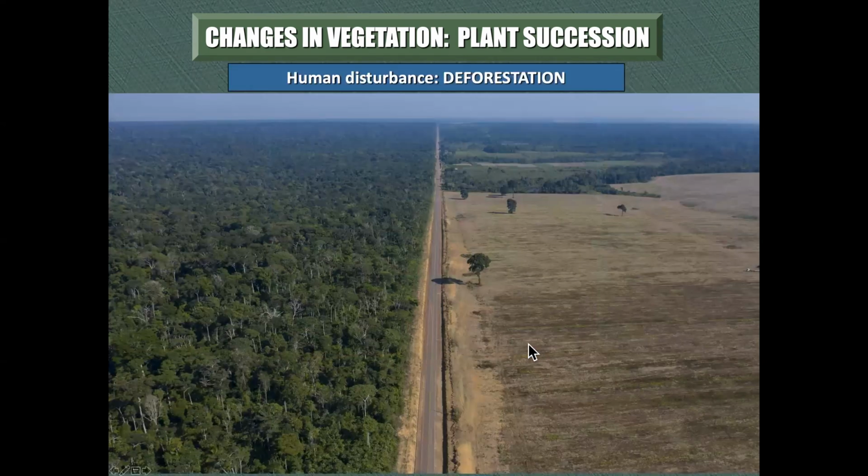Okay, here's a good example of a human disturbance. This on the left is the Amazon rainforest. This, in the exact same area, is what's happening to the Amazon in many areas. It's being cleared. And it's being cleared for many, many reasons, like raising cattle and all kinds of farms.